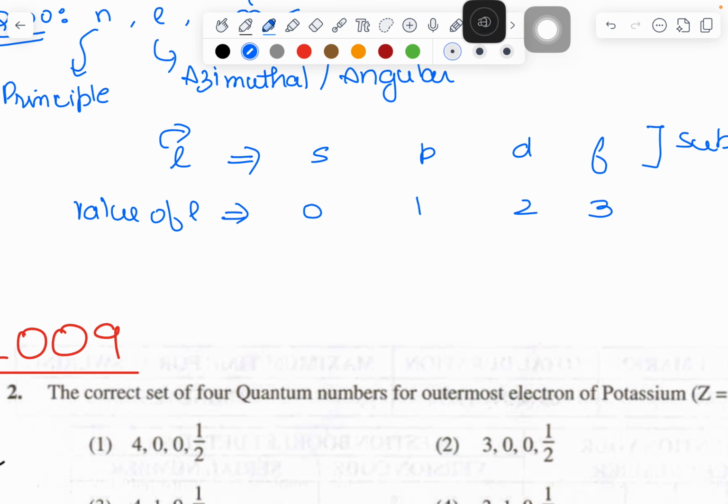Now we know that the S subshell has 1 orbital. P subshell has 3 orbitals. D subshell has 5 orbitals: 1, 2, 3, 4 and 5.